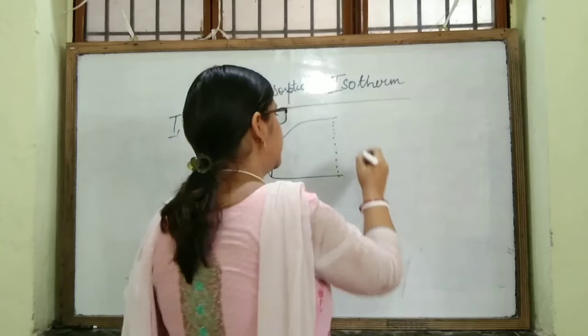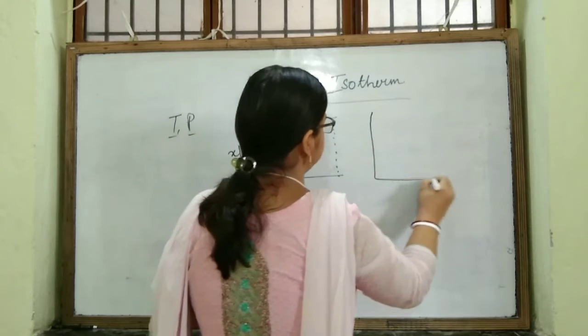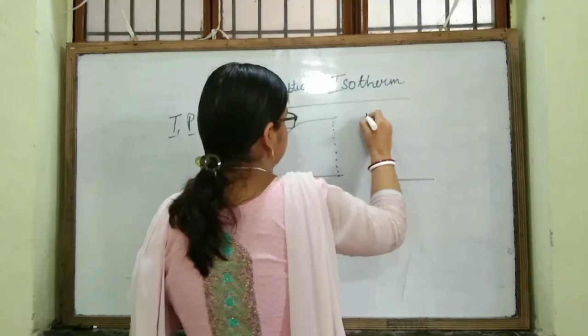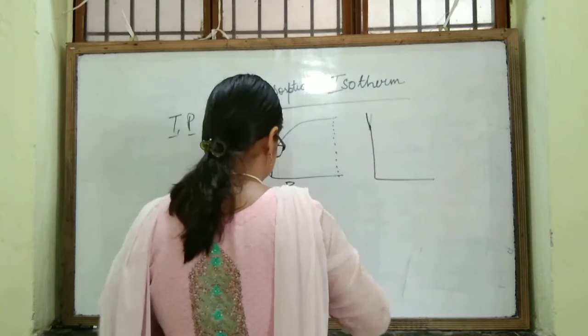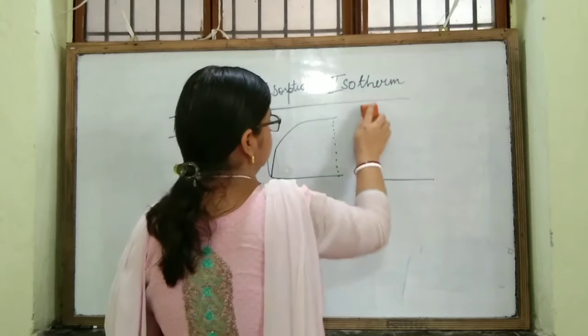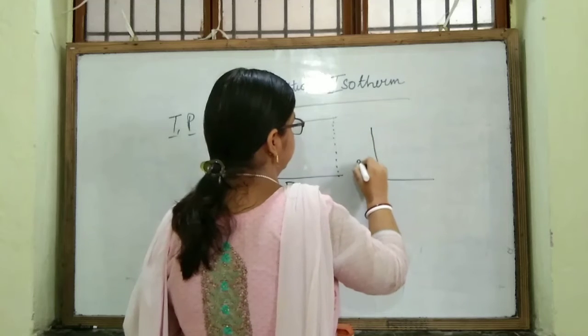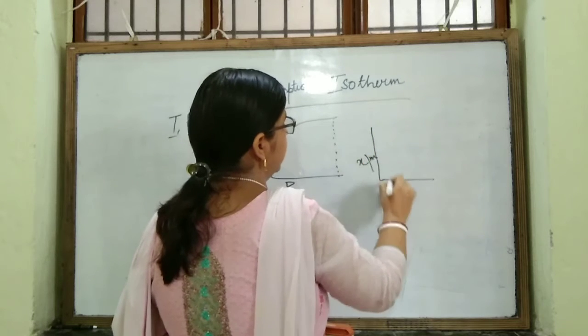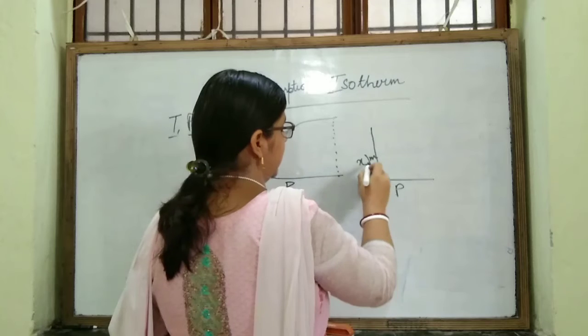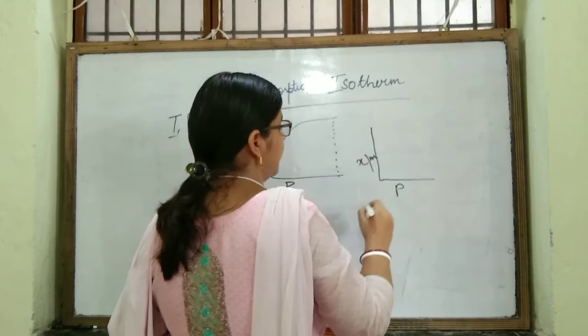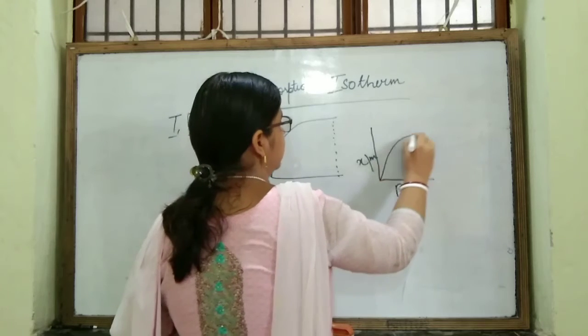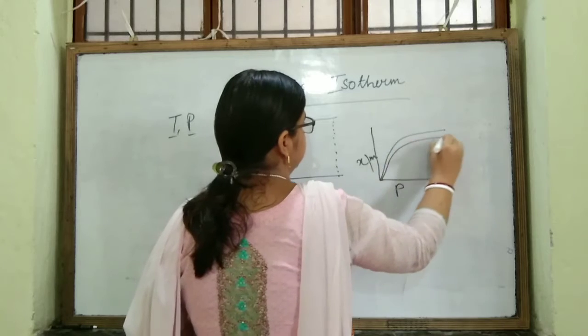Now, if you plot a graph of x by m versus p for different temperatures, you will get graphs like this.